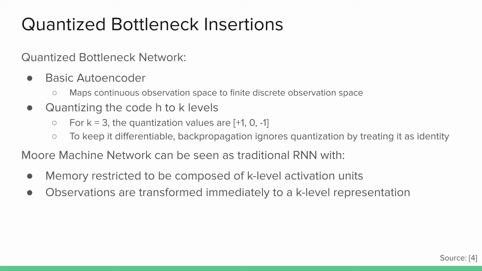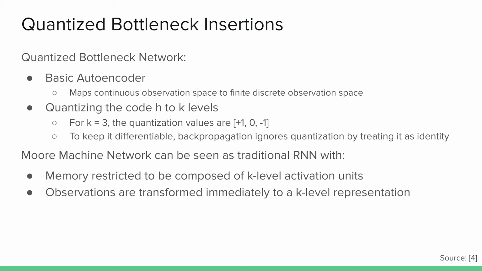How we do this is that we quantize our hidden state code to k levels. If we have k equals 3, then we quantize the value to be either +1, 0, or -1. If we quantize it to only these 3 states, we can interpret this as a state machine. To keep this differentiable, backpropagation just ignores the quantization and treats it as the identity function.